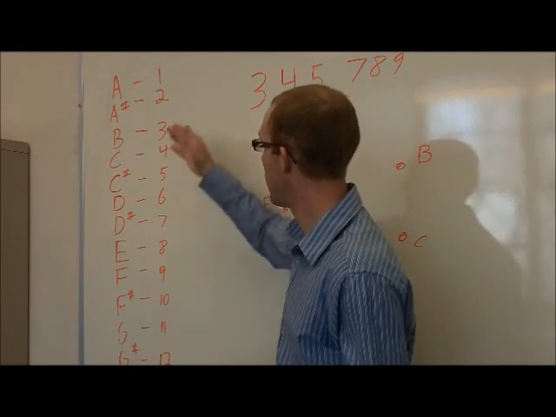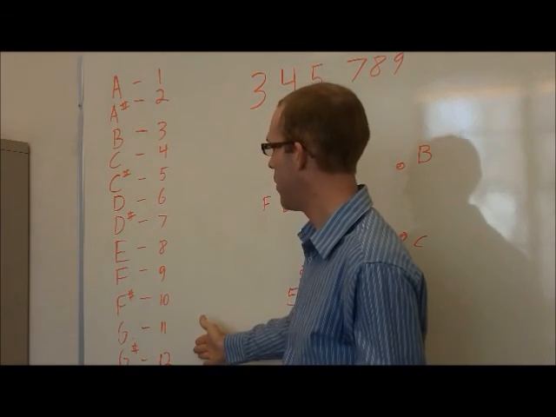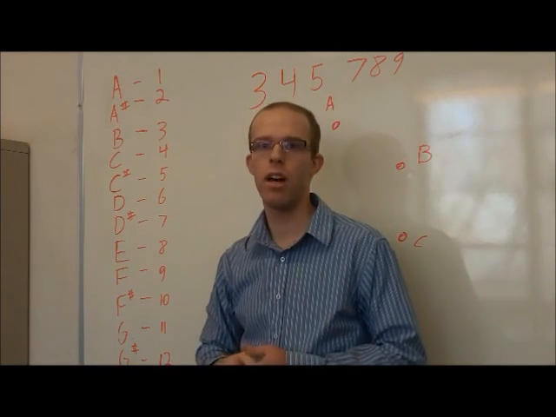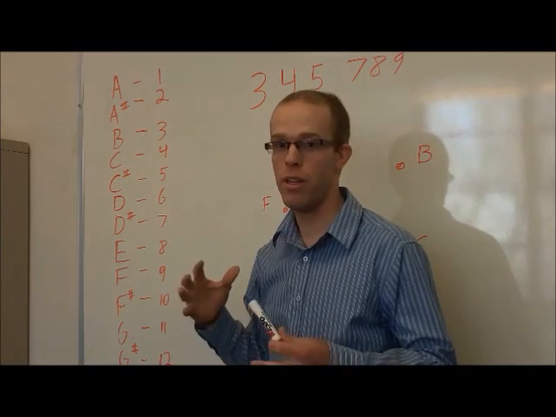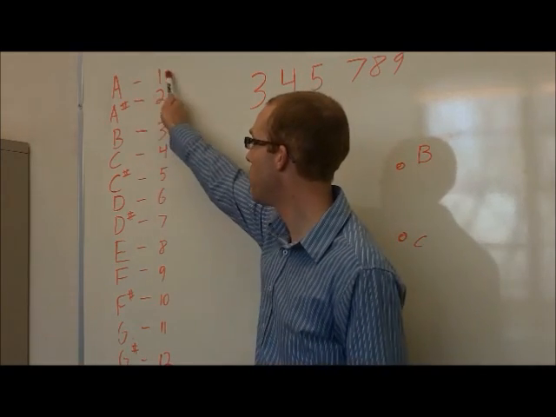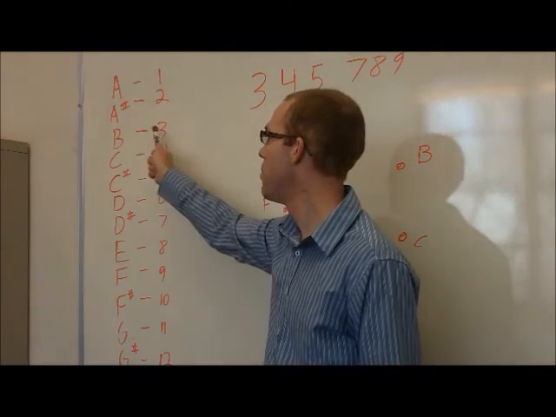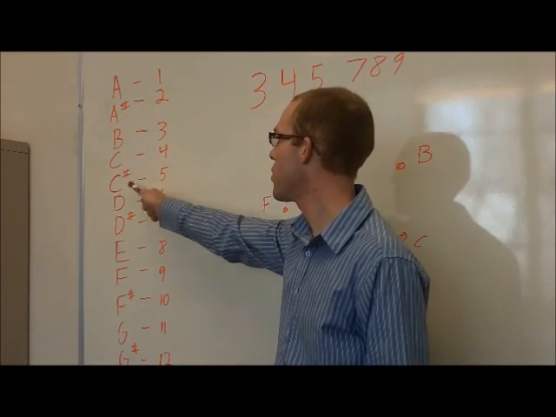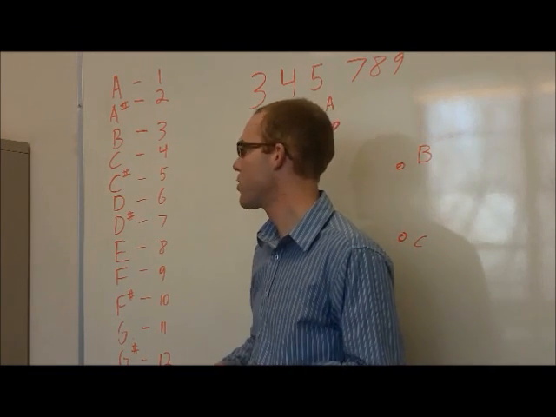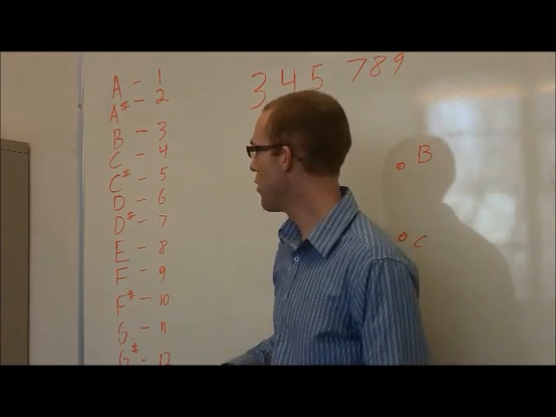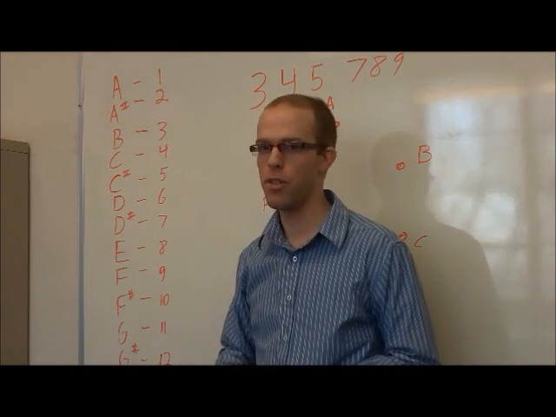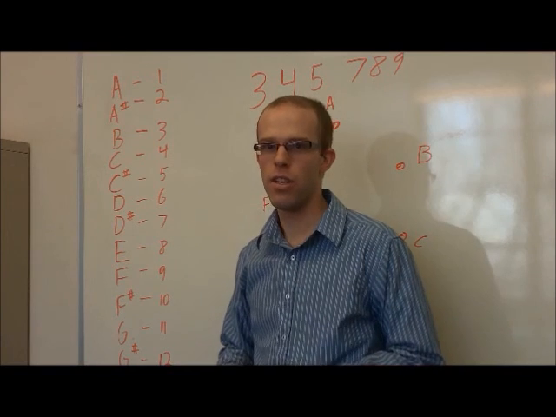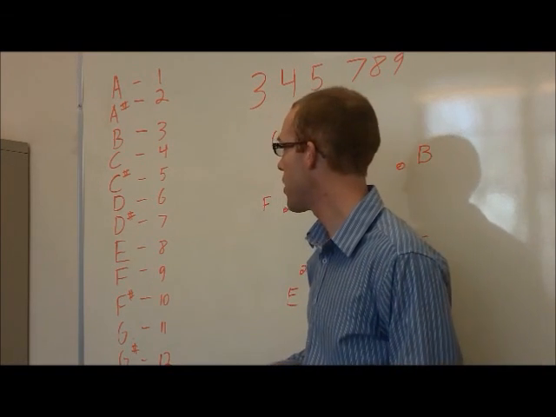Now, real quickly, let's go over this. We have in any given octave 12 distinct tones. We've given each of those tones a numerical value, starting with A, 1, A sharp is 2, B is 3, C is 4, C sharp is 5. Those also go along with the other note that's associated with it. For example, D flat could be C sharp. So if you're working with a flat key, just substitute the names of the different notes there.